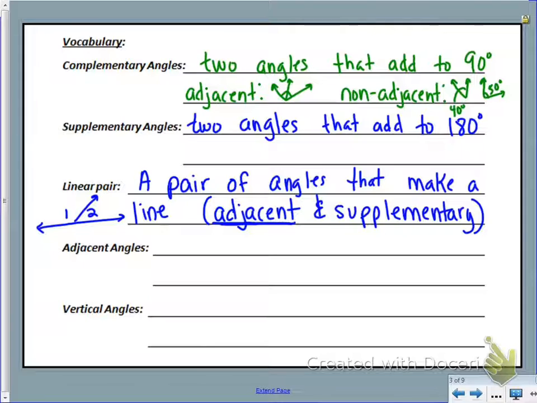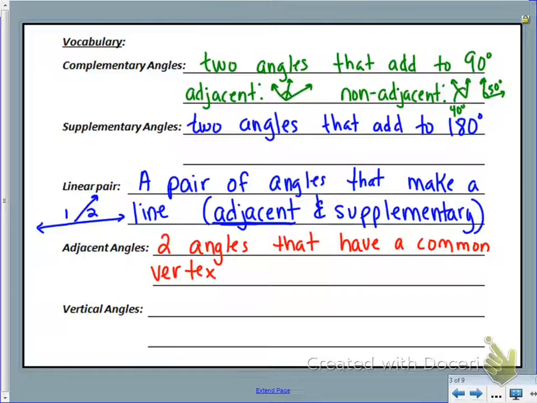Next is adjacent angles. So we've been using that term quite a bit. Let's go ahead and look at a definition. Adjacent angles are two angles that have a common or shared vertex and a side, but they do not overlap.